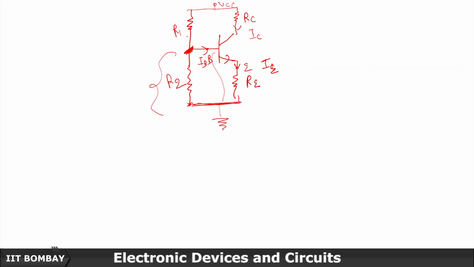Okay, now let us say there is a current I, this is IR2, and this current is IB.